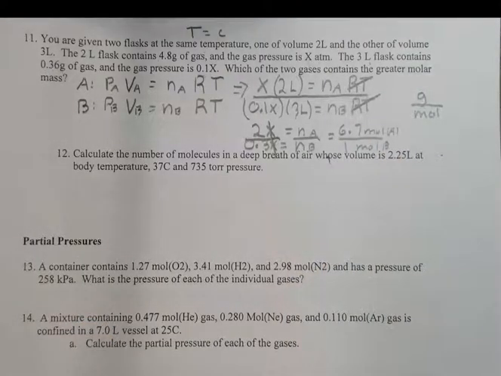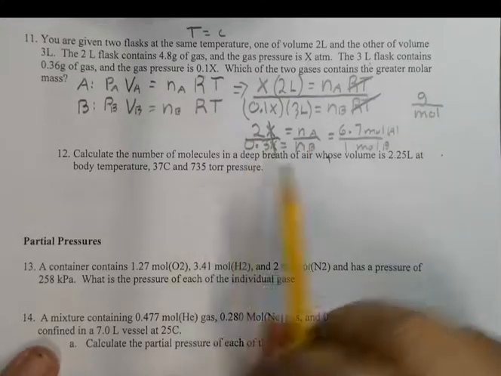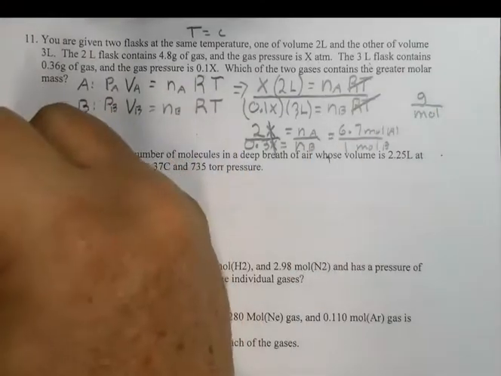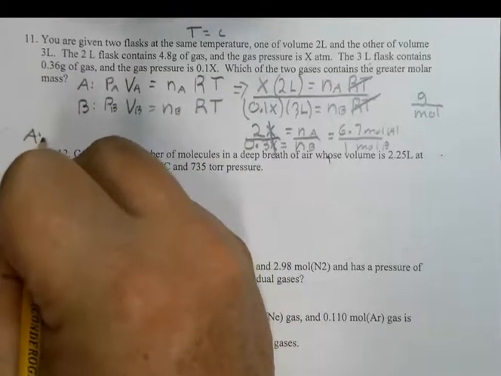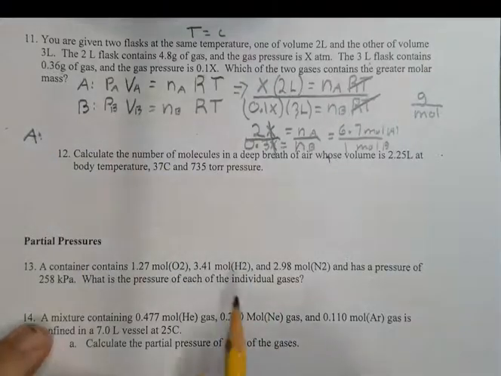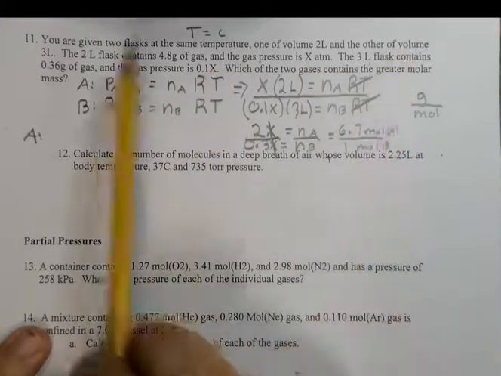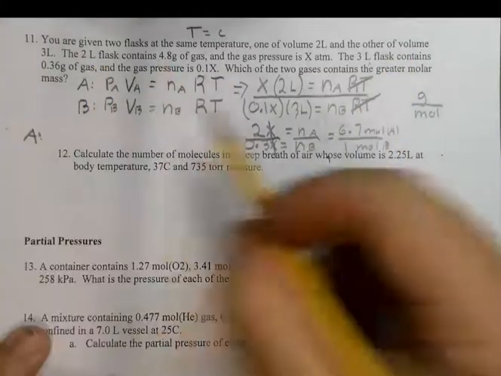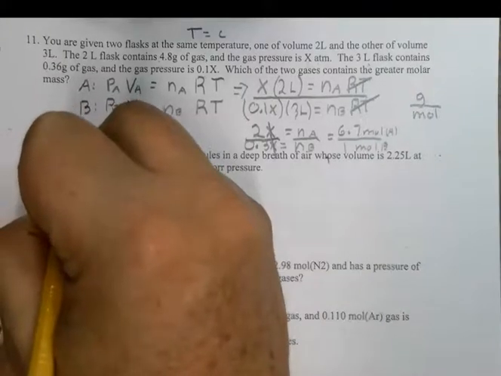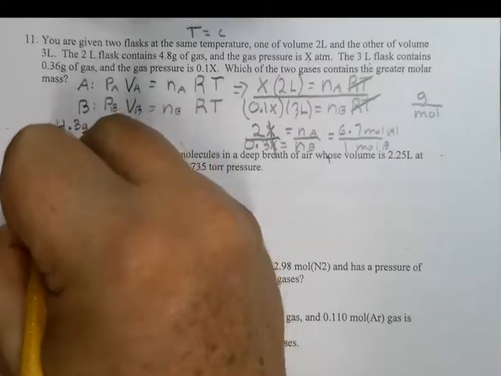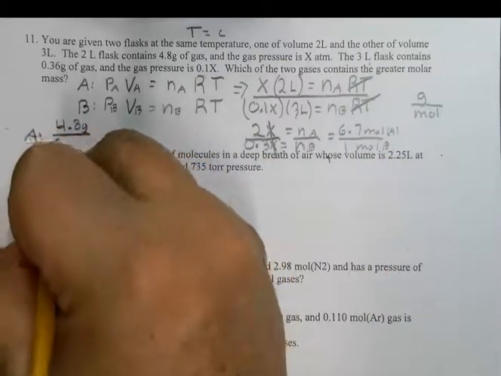Now we want to know the molar mass of each. I'm going to move over here so we have a little space. Situation A: what's the grams of A? That was the 2-liter one. The 2-liter flask has 4.8 grams, because we're going for grams over moles, for every 6.7 moles.